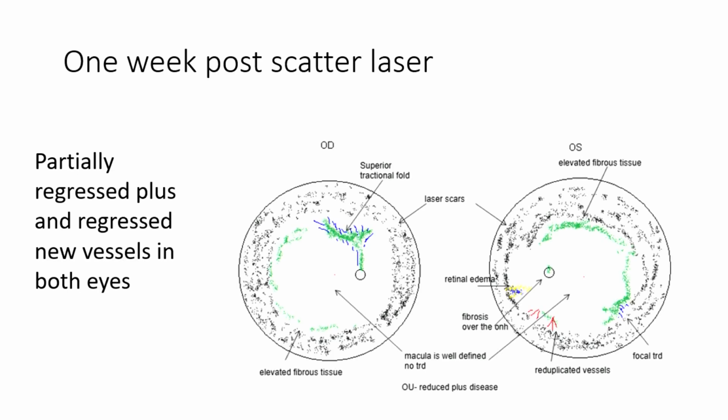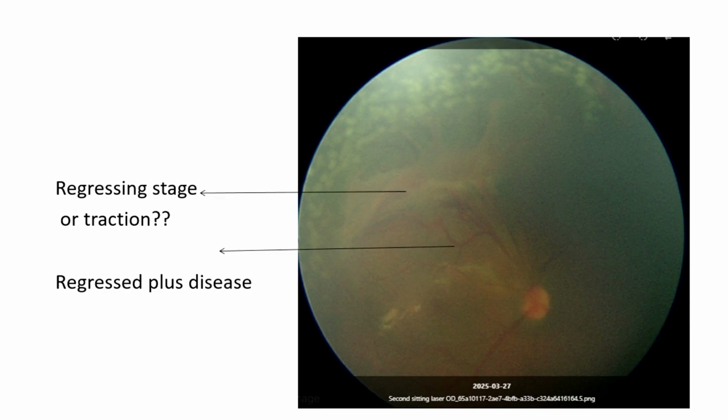One week post scatter laser, there was a partially regressed plus, and regression of new vessels was also seen. But there was a development of tractional fold in the superior part of the retina in the right eye, and it was also suspected in the superotemporal area in the left eye.